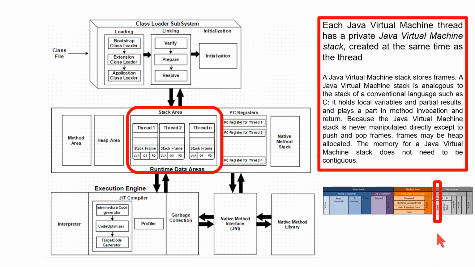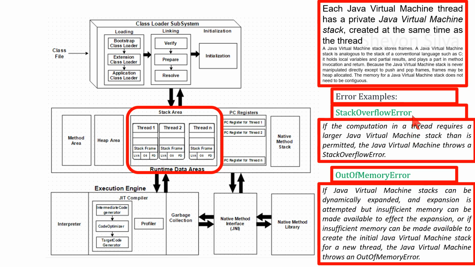In this diagram you can see a stack here under native area, and if the computation in a thread requires a larger Java virtual machine stack than it is permitted, the Java virtual machine throws a stack overflow error.